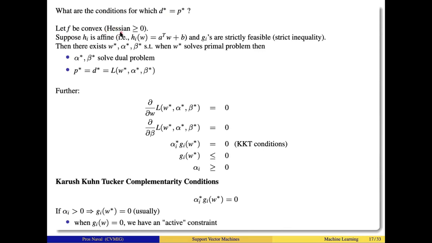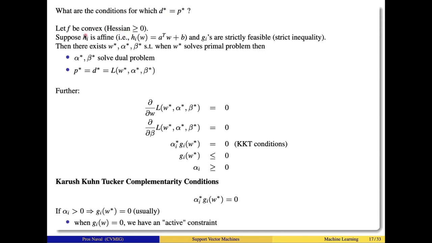When we say convex, the Hessian should be greater than or equal to 0. I think we have to talk about this in the lecture in linear algebra in 284. Anyway, if you didn't watch that part, basically when we say F is convex, the Hessian, or the matrix of second derivatives, is going to be positive semi-definite.